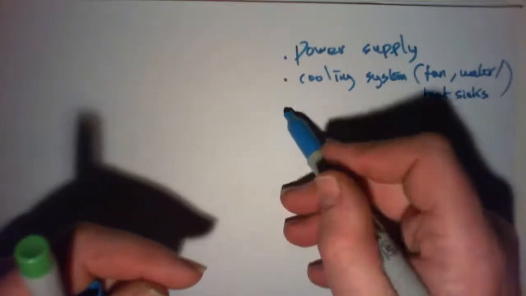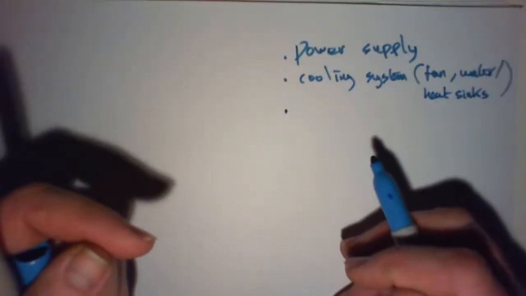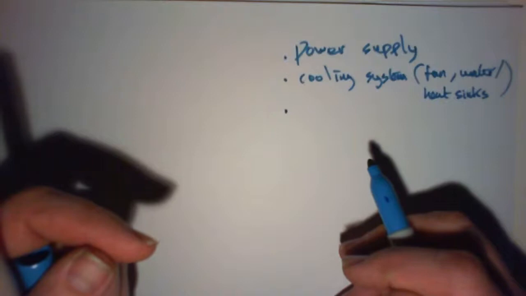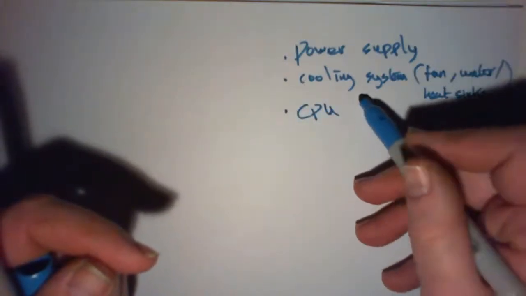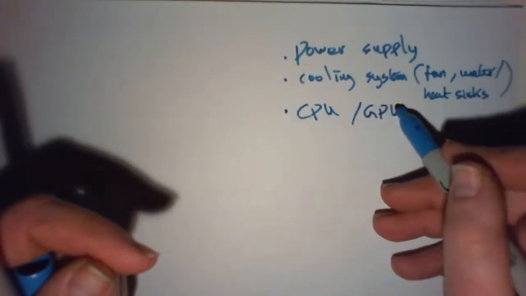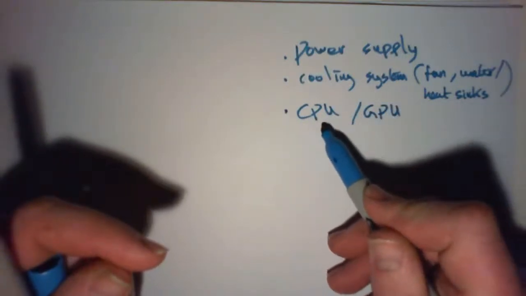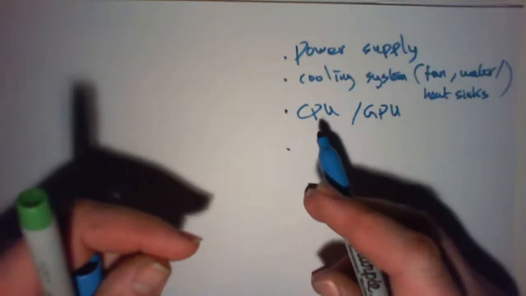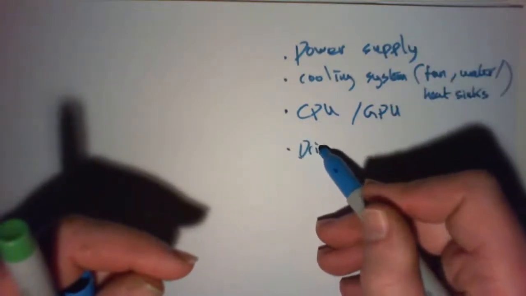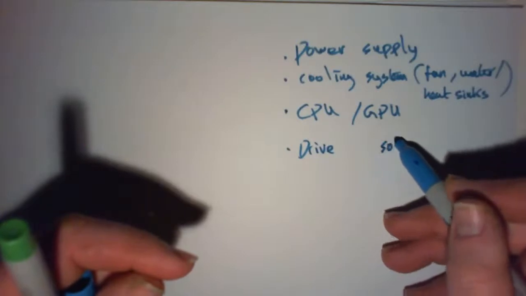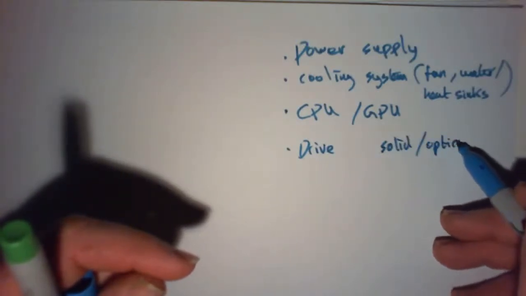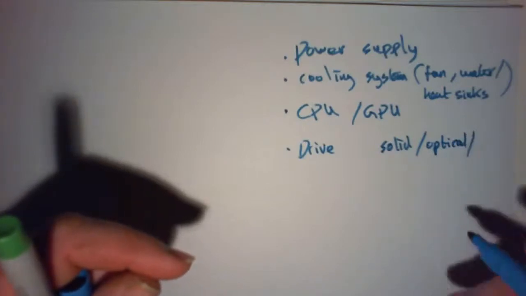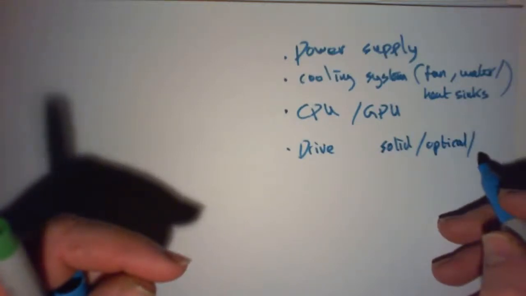Anything like that, to cool the heat that's being produced by the computer itself. They'll have some type of CPU and maybe a GPU, depending, but they'll definitely have some type of central processing unit. Okay, they'll have some type of drive, be it solid, optical, or magnetic.